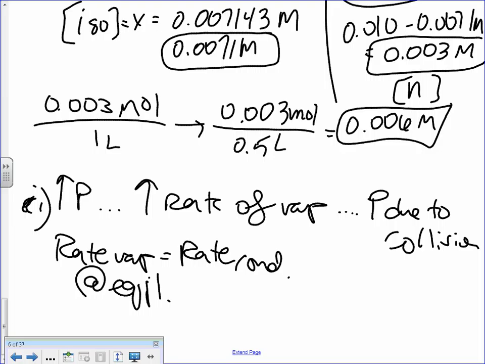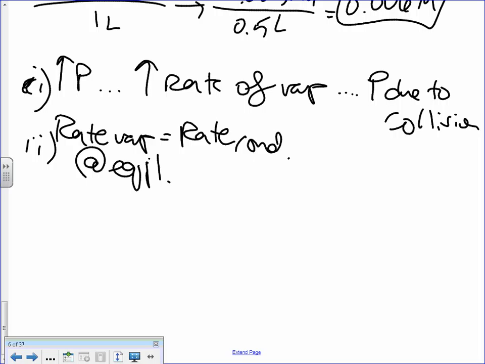Okay, and then part 3, at 60 seconds, what's the value of the partial pressure of ethyl methanoate? How do you guys do that one? So what's the total pressure according to the graph? 1.25 atmospheres was our total pressure. And then what'd you do?